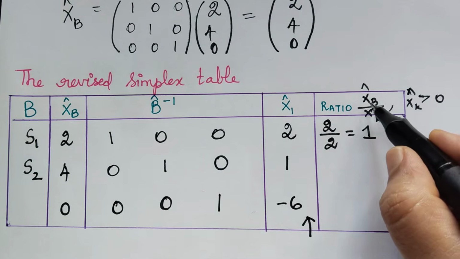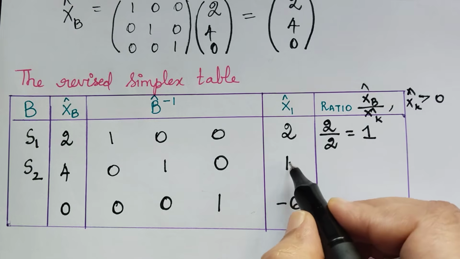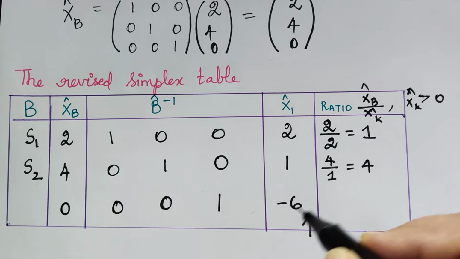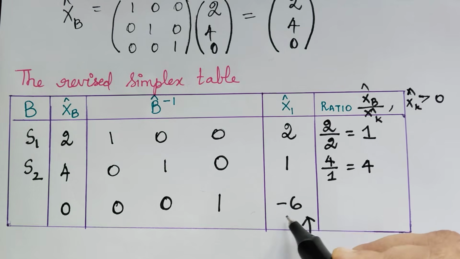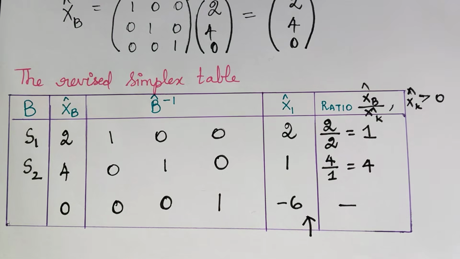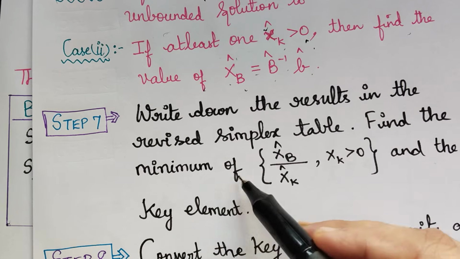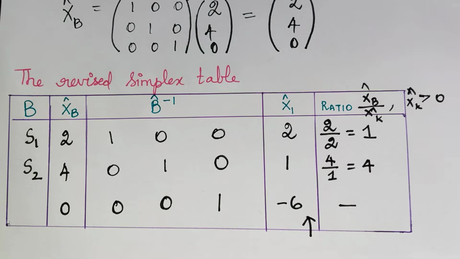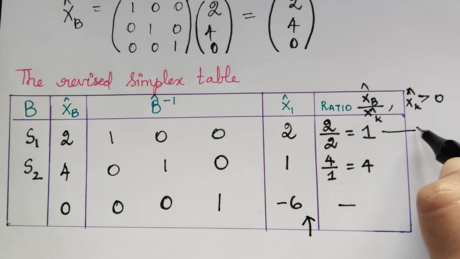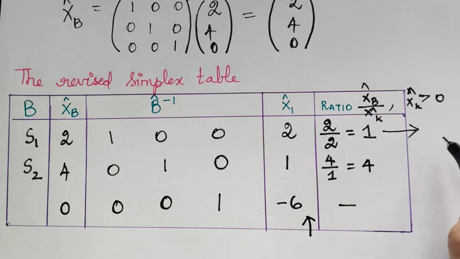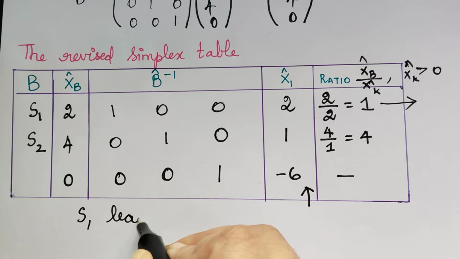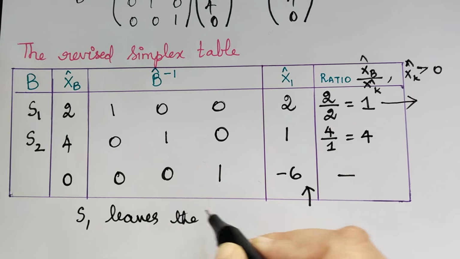The second is xb cap is 4 and x1 cap is 1. So 4 by 1, and the ratio is 4. Now since xk cap here is negative, we need not calculate this. So now what we have to do, we have to check out for the minimum of this ratio that we have found. So out of these two values, which is the minimum? 1 is the minimum. So the corresponding S1 leaves the basis. So therefore S1 leaves the basis.